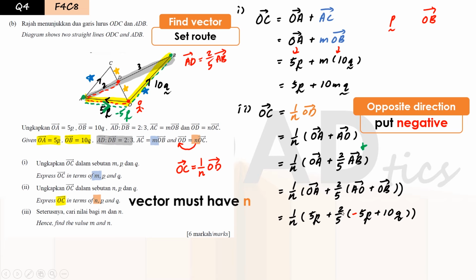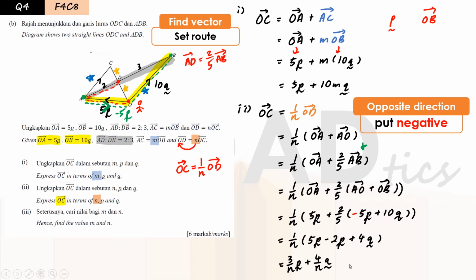Okay, so now we can multiply this fraction into the bracket here and then simplify here a bit, and we can find the vector in terms of n. So in part 3, hence we need to find the value of m and n. Okay, so in part 1 and part 2, we are finding the same vector.